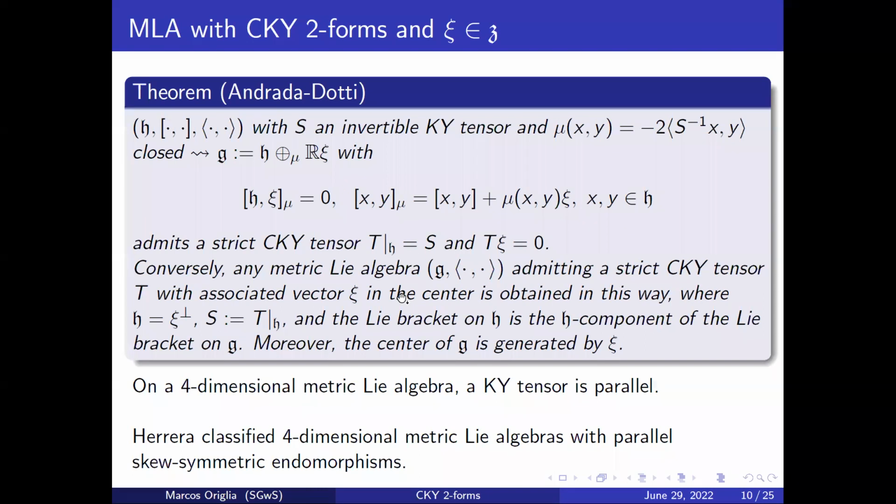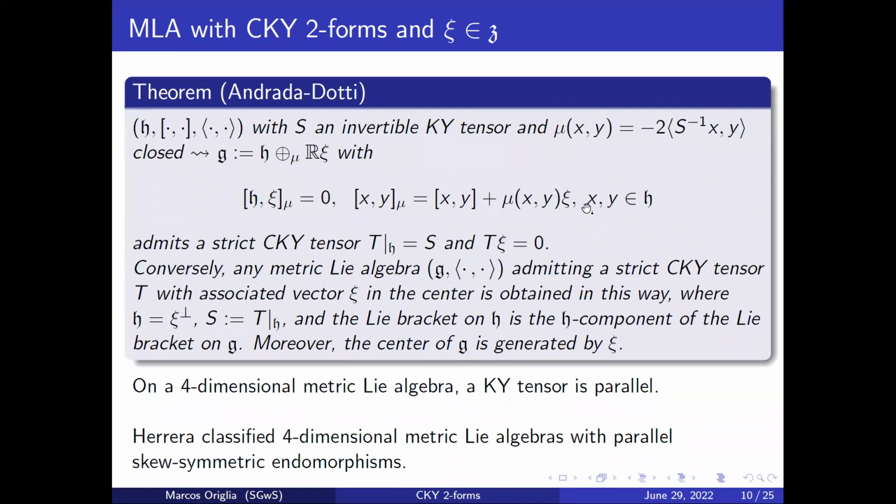Here we will combine two results. This is the result of Andrade and Dotti, which says that strict conformal Killing tensors are related with Killing tensors in a smaller Lie algebra. So if H is an invertible Killing tensor, then you can make this central extension of the Lie algebra with mu.